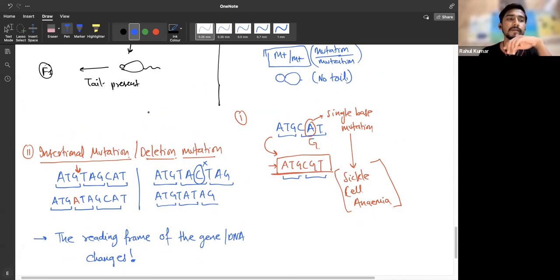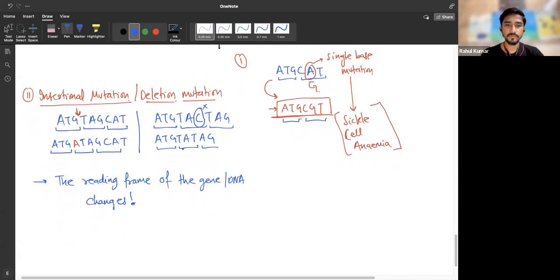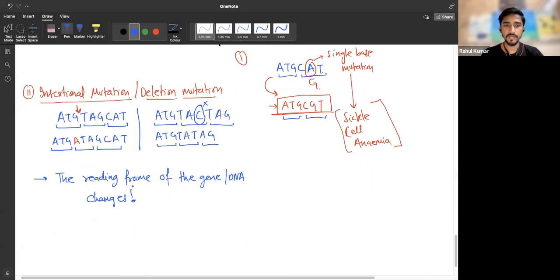So this kind of mutation, where the reading frame shifts, just remember, this is in NCERT, so it can be asked in the entrance. Both of these types are called frame shift mutations.